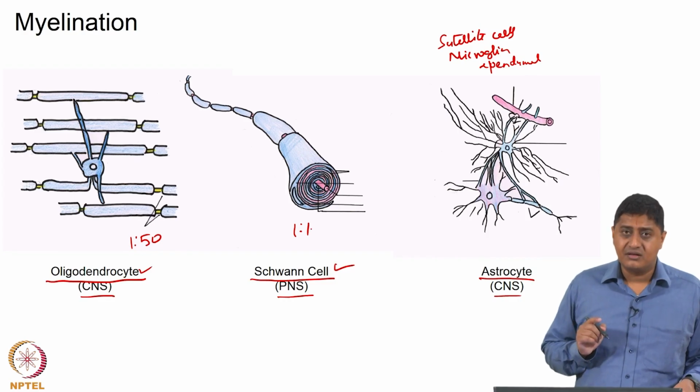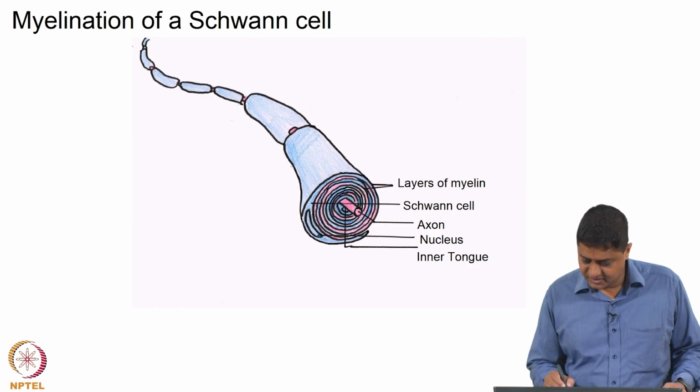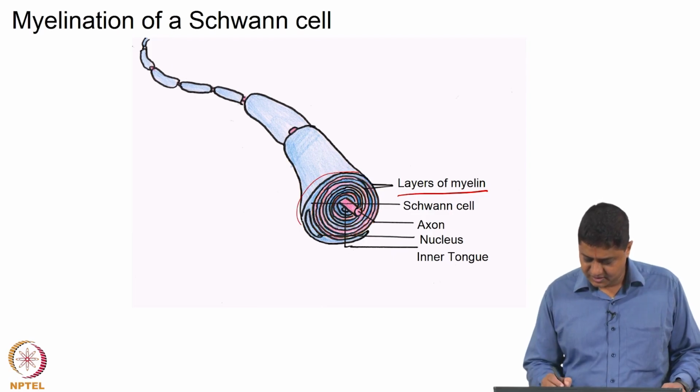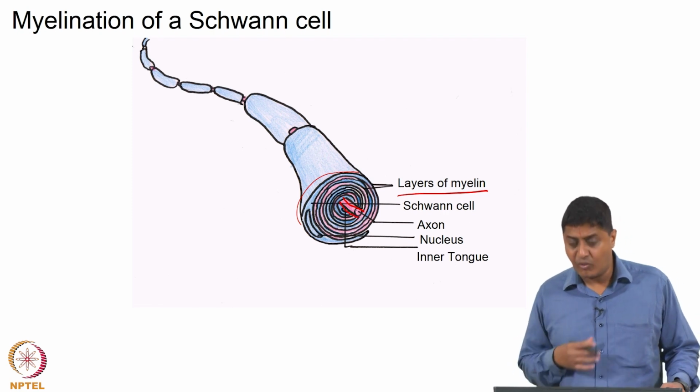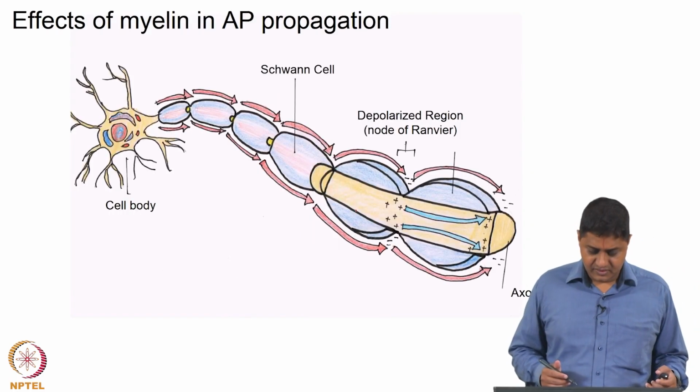Here is an axon with a Schwann cell, with multiple layers, you see there are so many layers and layers of myelin. So, this is a Schwann cell that covers that axon. You see the axon is in the middle, that is relatively small when compared with the amount of myelin that is there in this case, right.